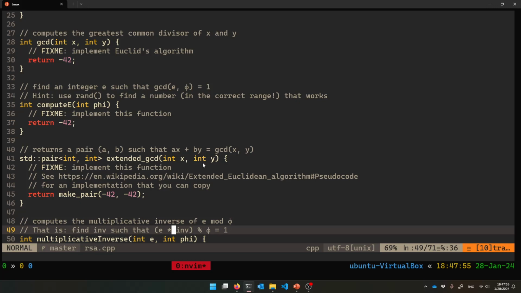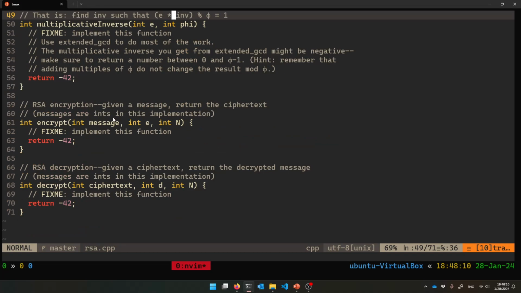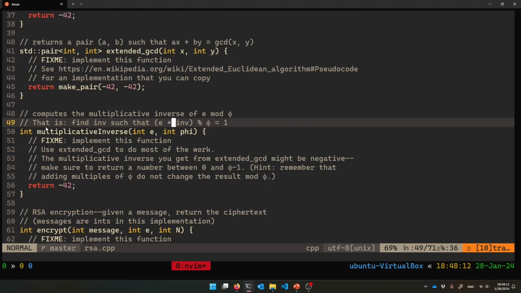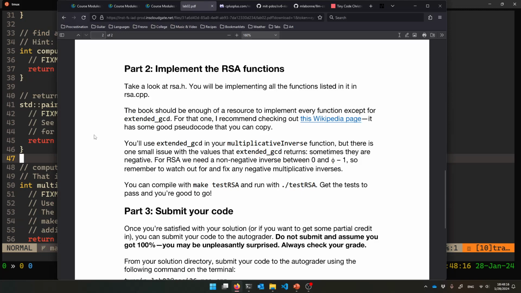For all that, what else do I want to say? Going back to the write-up. Yeah, so the book will be pretty much everything that you need. The book is going to tell you enough about how to implement all of these functions, except for maybe the extended GCD. There's a Wikipedia page on that one.